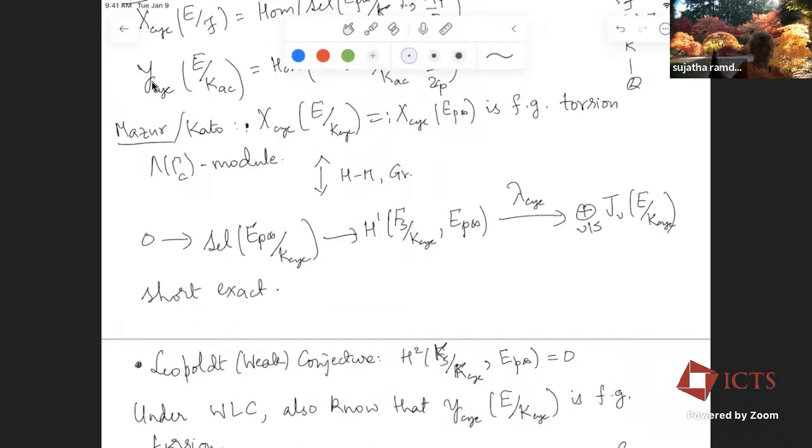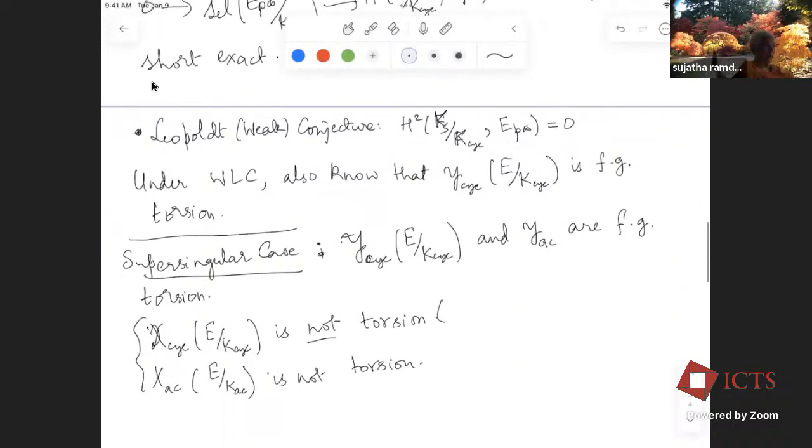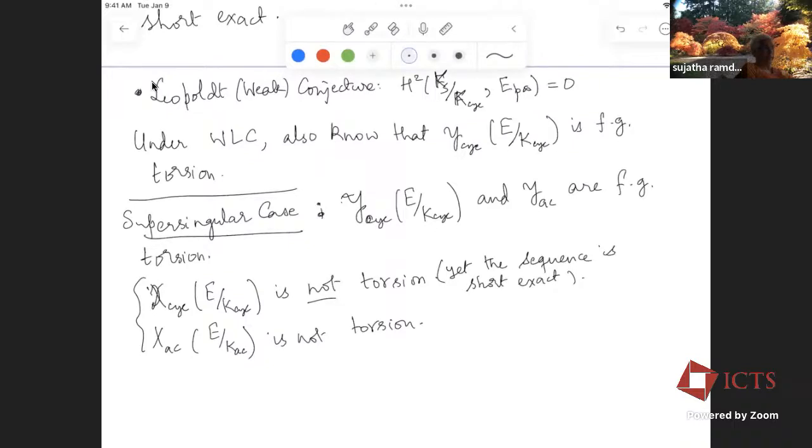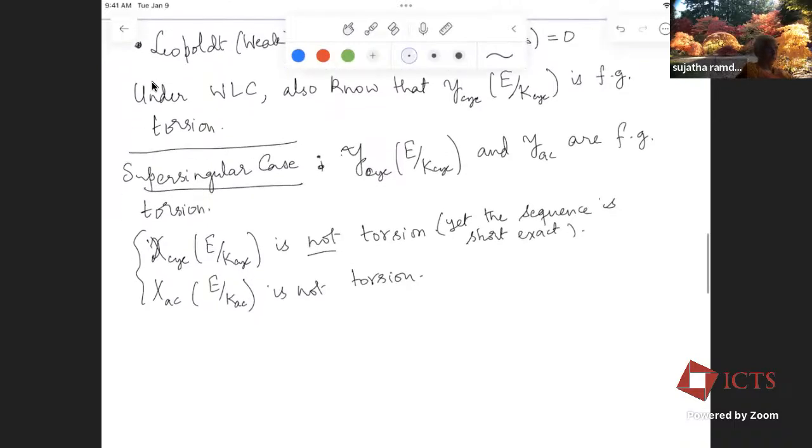Namely, this was finitely generated torsion if and only if this sequence was short exact. But here it is not torsion, yet the sequence is short exact. So the first thing you would like to understand is: can I read off the torsion phenomena by just analyzing that exact sequence? And then it gets considerably delicate to do this in the anticyclotomic setting. So that's the first remark.